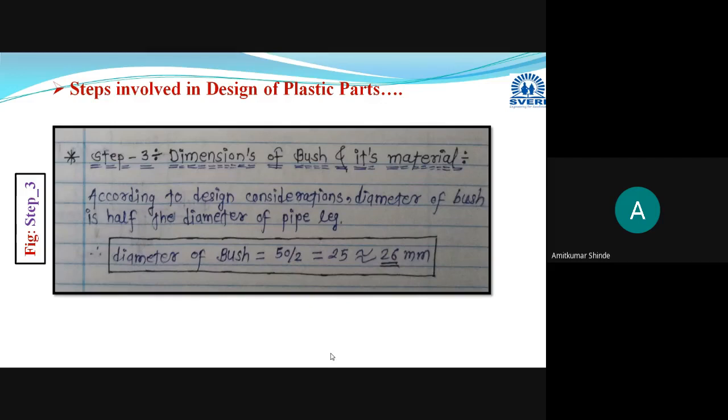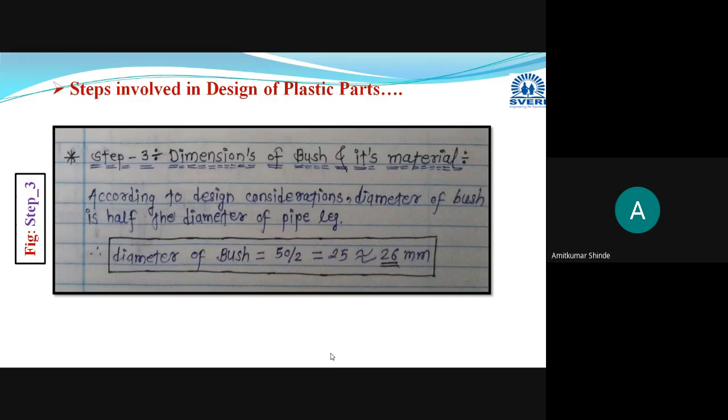Material required means from which material we are going to manufacture that bush. To decide the material, you have to decide the stress acting on it, and depending on the required stress, you have to decide the material.